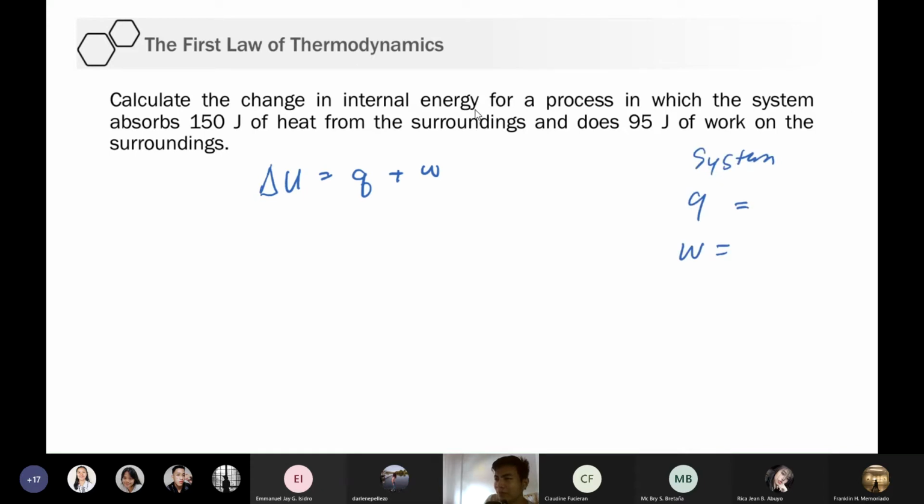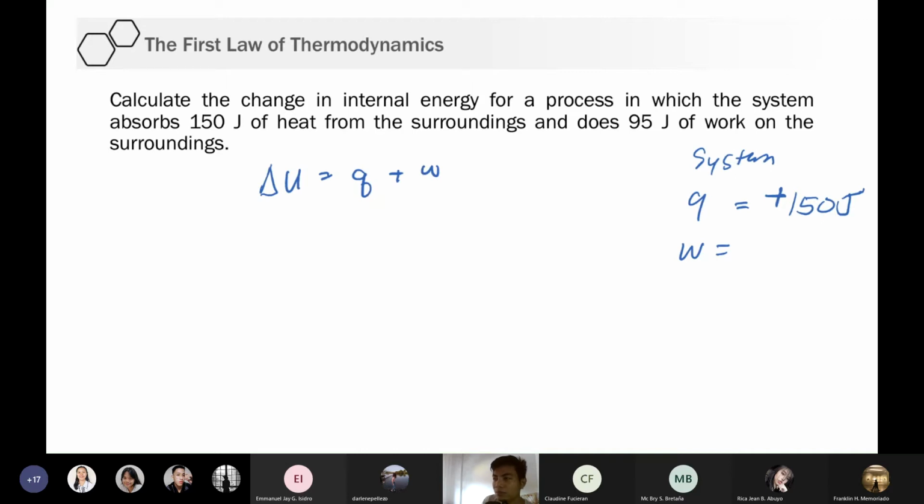Sabi sa problem, yung system nag-absorb ng heat from the surrounding. Yung heat ay letter Q. Okay? So, 150 joule yan. Since absorption to ng energy from surrounding to the system, positive yon. Kasi sabi ko nga, lahat ng nasa labas, papasok sa system ay positive.